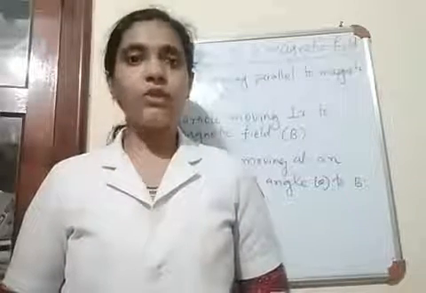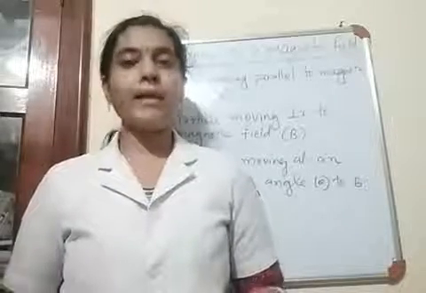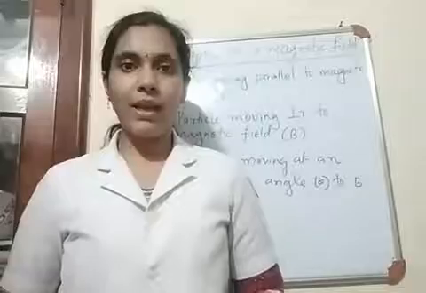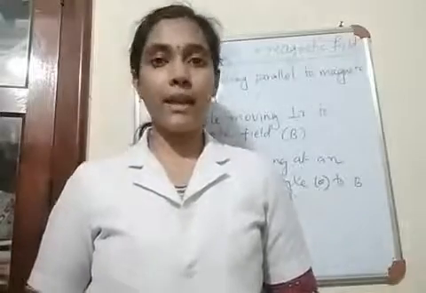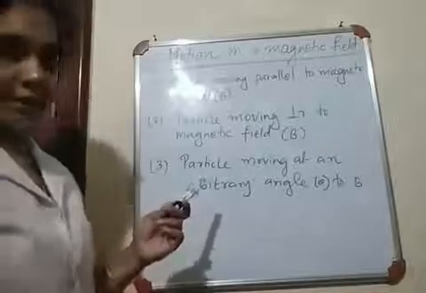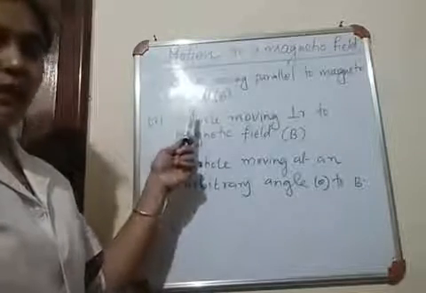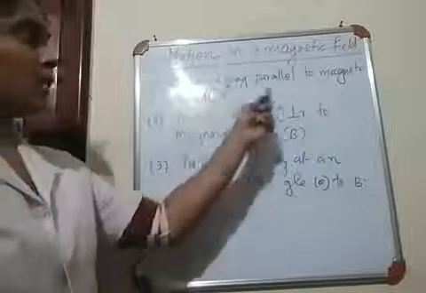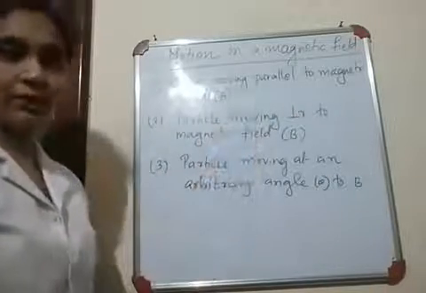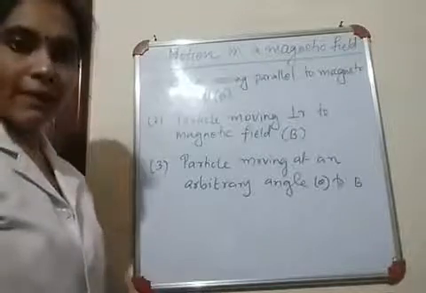What happens to the path of a charged particle when it enters a magnetic field? Here we will consider three cases. What is the first case? What happens to the charged particle when the particle moves parallel to the magnetic field?